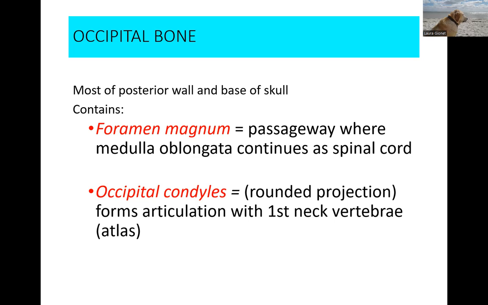Foramen means hole, and magnum means large. We also have the occipital condyles. These are smooth, rounded projections that form a joint with your first cervical vertebra, called the atlas.